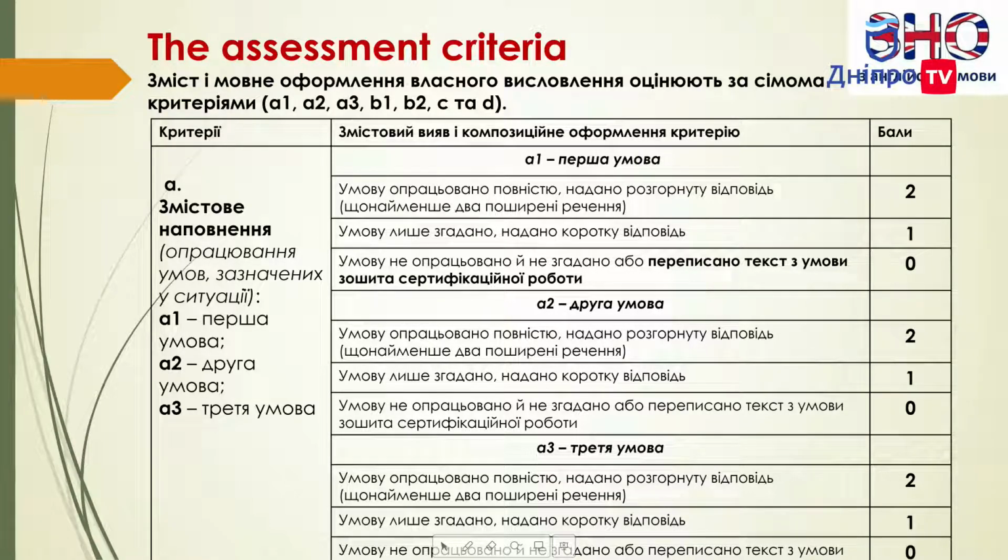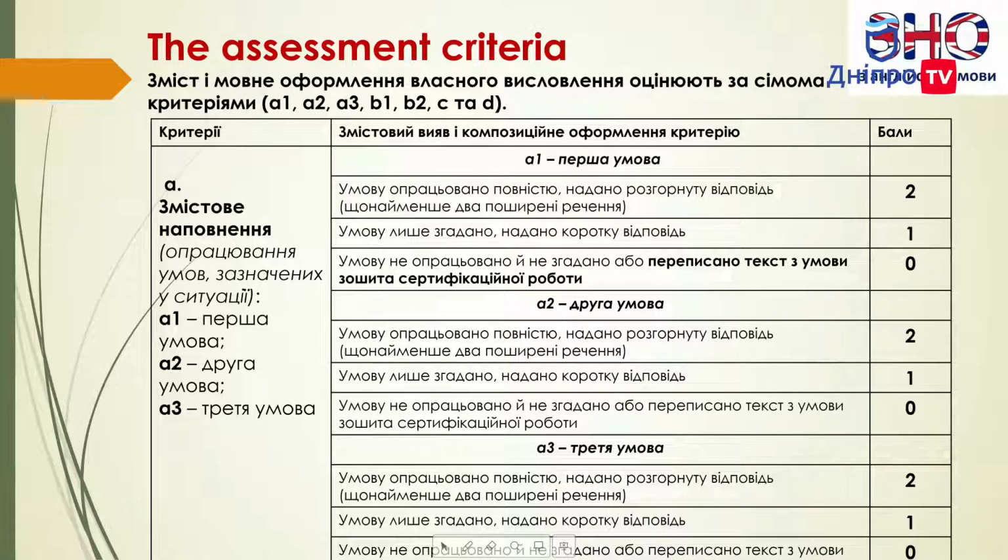Well, the points for criterion A are given for the contents of your letter. Here we have 3 situations. You need to describe these situations. If your situation is fully covered, you will get 2 points for it.